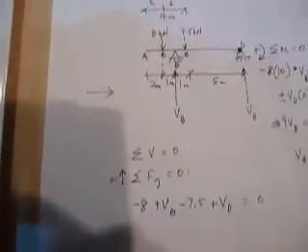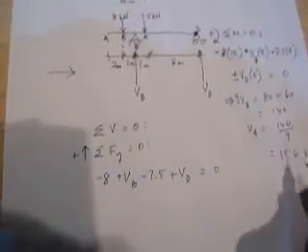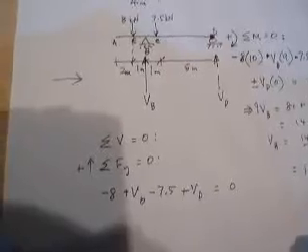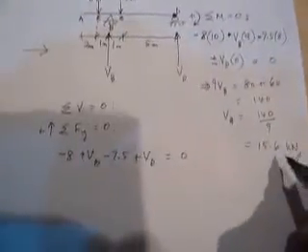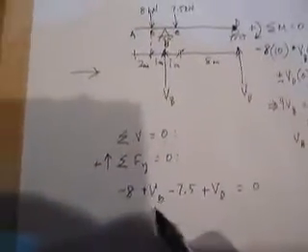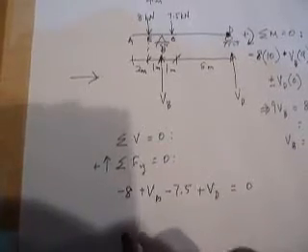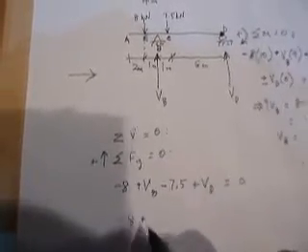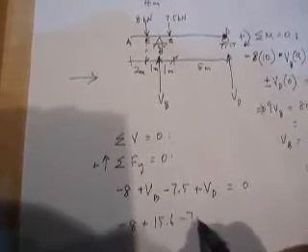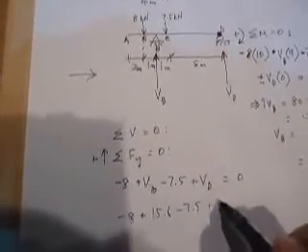Alright, so we already found that this VB is 15.6 kilonewton, so we just put it in here. We have minus 8 plus 15.6 minus 7.5 plus VD equal to 0.